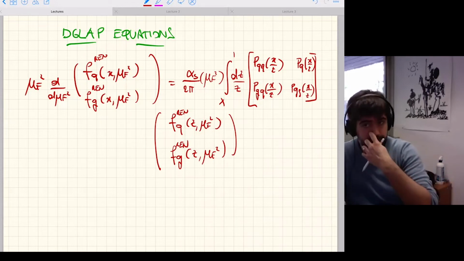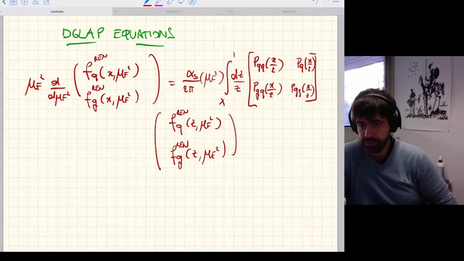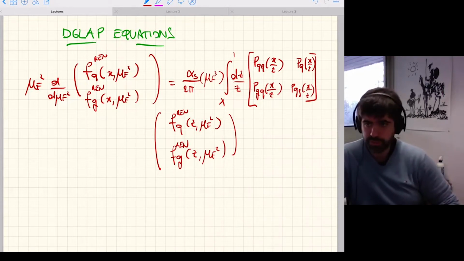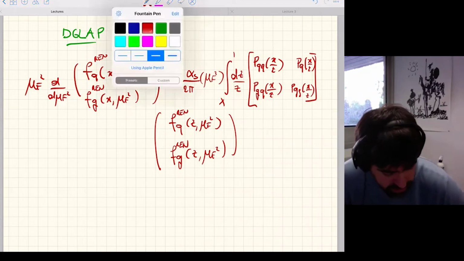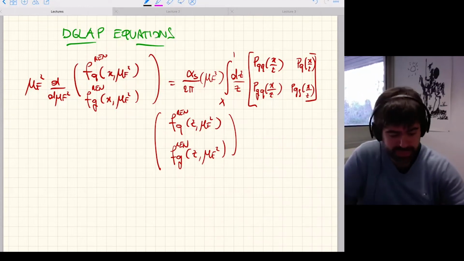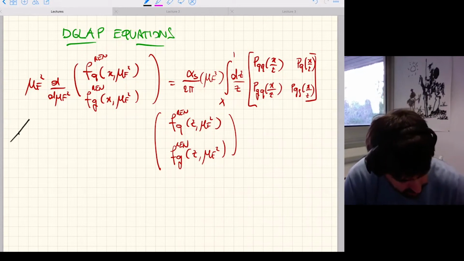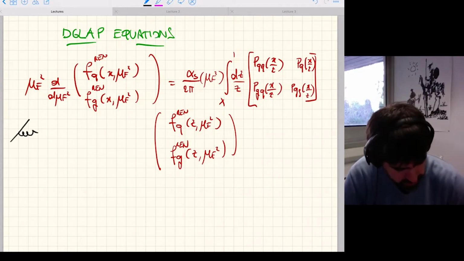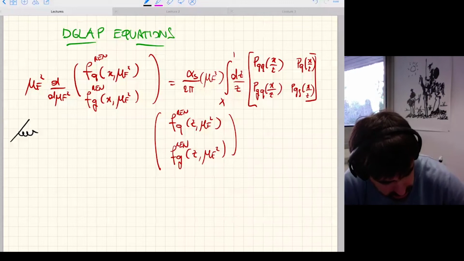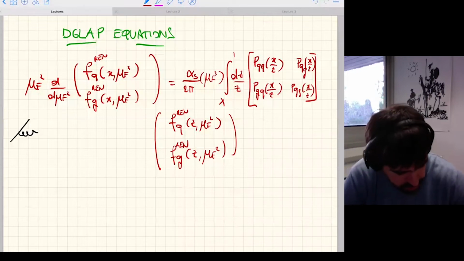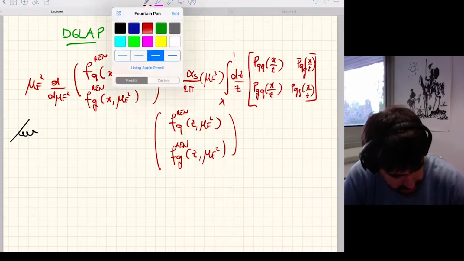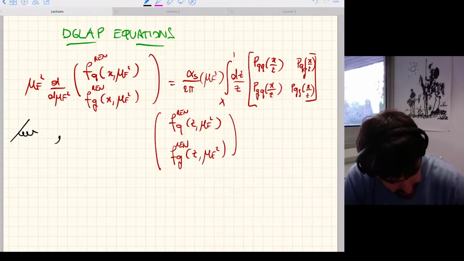You can generalize them to any order in perturbation theory, but that's enough for our purposes. And what are the splitting functions? Well, the name says it, they represent the splittings. P_qq we already saw; it represents this splitting. P_gq we saw representing this splitting.